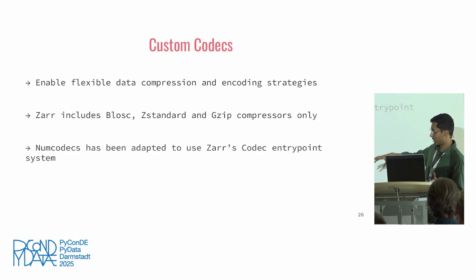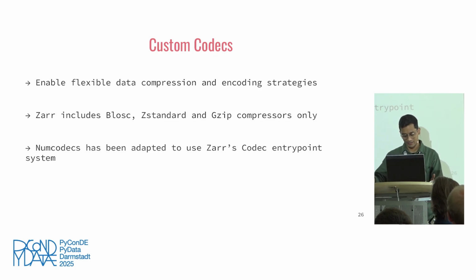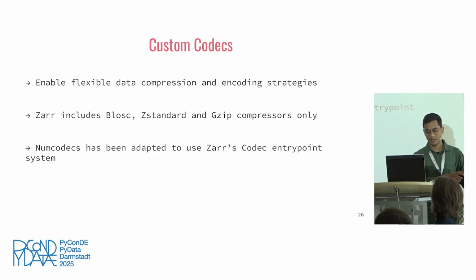So Zarr Python currently contains only Blosc, Zstandard, and gzip, and all the other codecs are in numcodecs, and they can utilize the entry point mechanism we have developed. So basically, we keep the essential three to four codecs and storage in Zarr Python, keep everything else outside, and allow users to add new custom codecs and storage systems via entry point mechanisms.